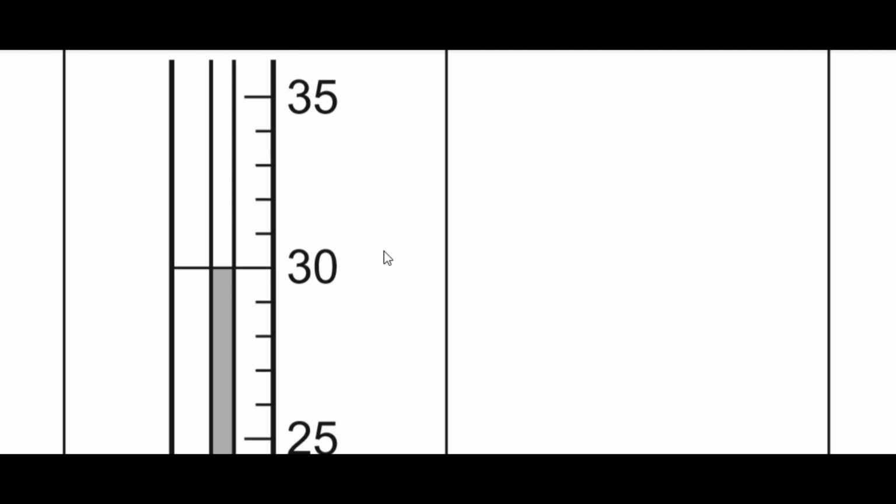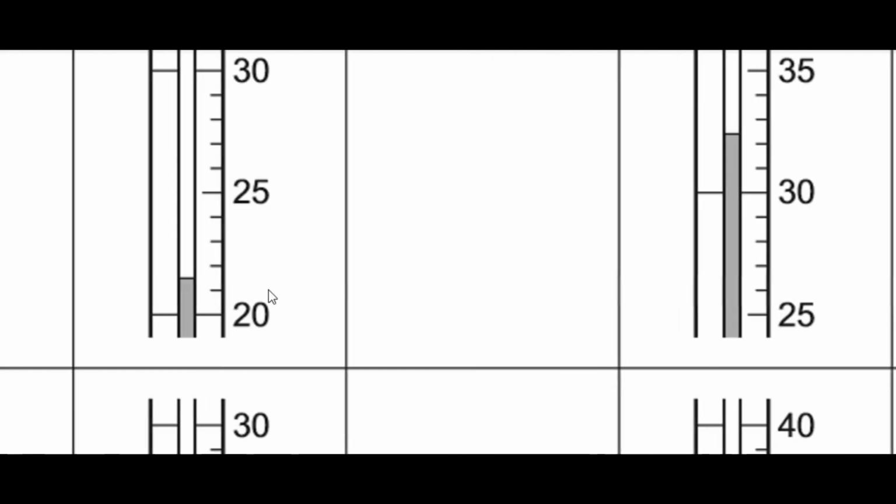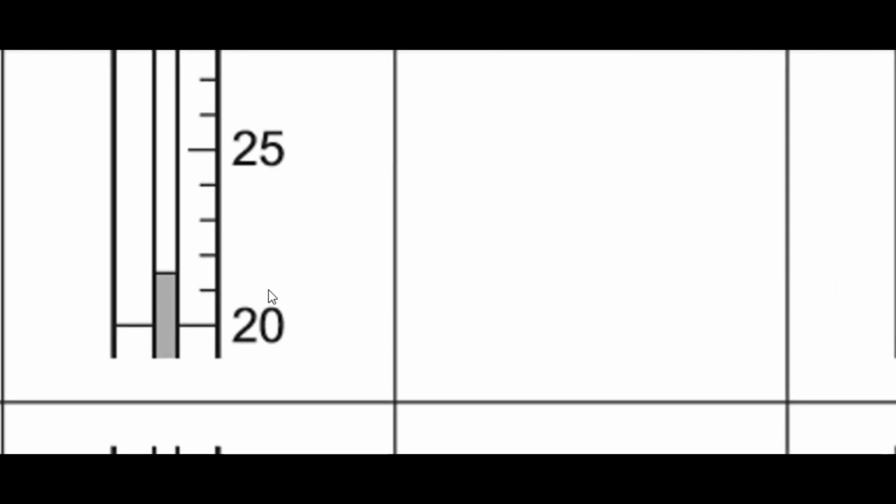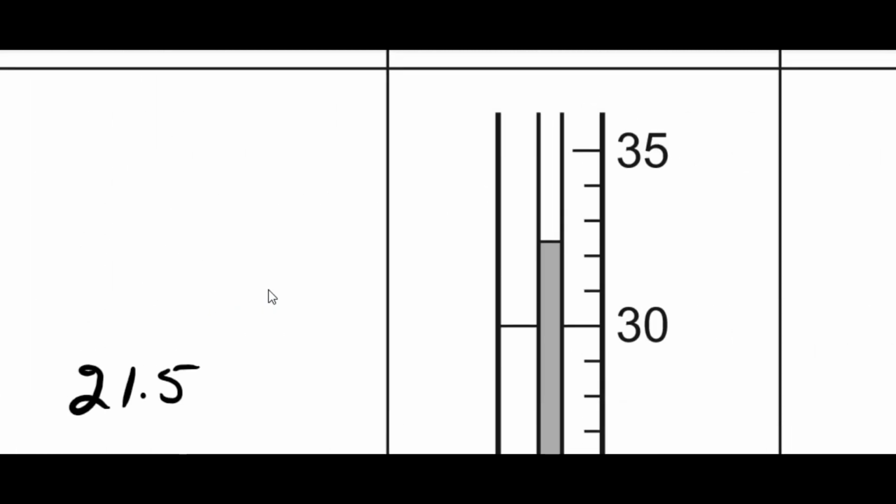This is the easiest one, as a clear line is there. It is 30 Celsius actually. So we would be writing 30.0. This temperature is between 21 and 22. It is greater than 21 and less than 22, so it is 21.5. 30, 31, 32.